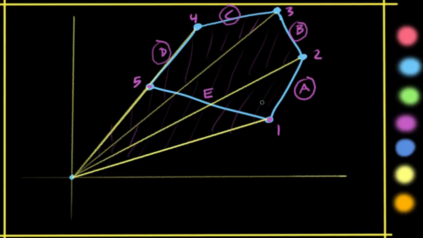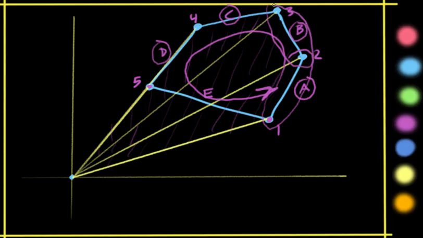We were going in this order around. As we looped through the vertices in this order, out of these two, the second one was further counterclockwise. Out of these two, the second one was also further counterclockwise. Out of these two, the second one was also further counterclockwise.